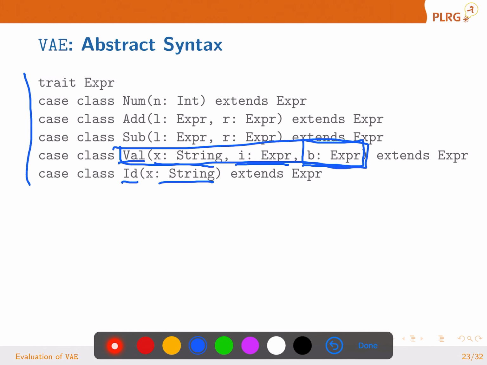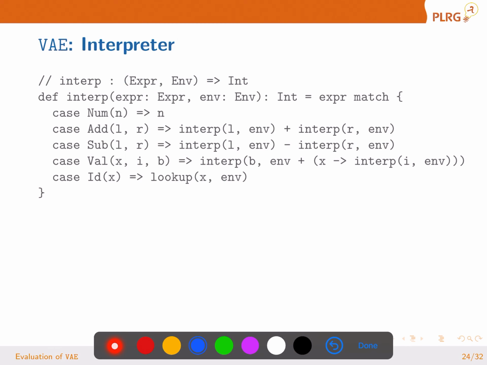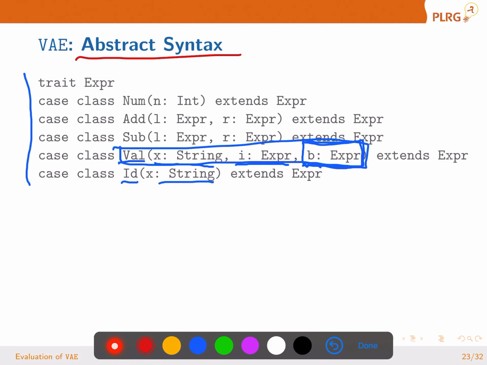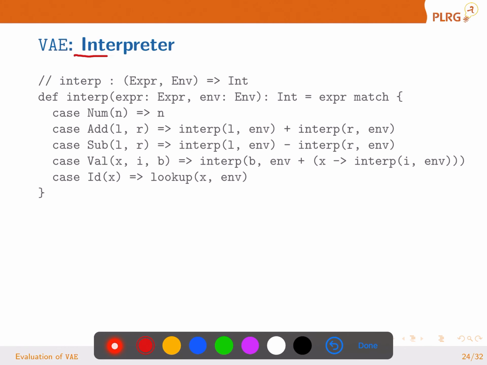And how do we evaluate the second sub-expression? By evaluating that under a new extended environment. How did you extend the environment? You should know. Okay. Then this is the semantics. We talked about concrete syntax, abstract syntax, and semantics in Scala implementation.